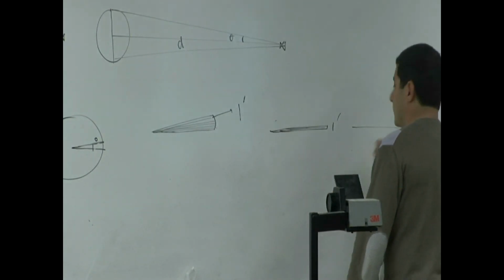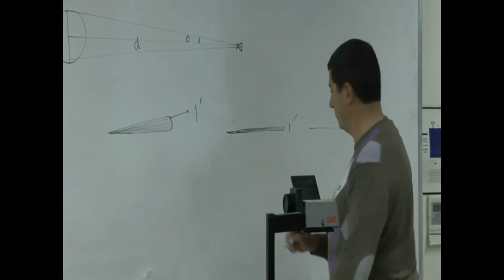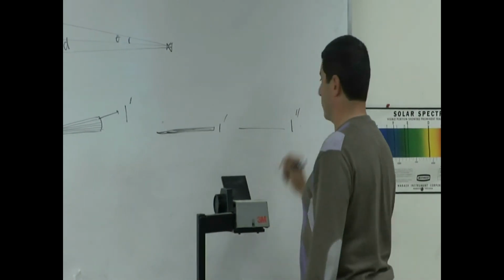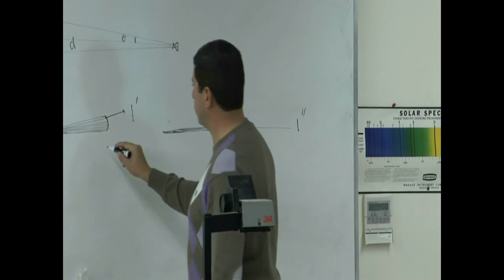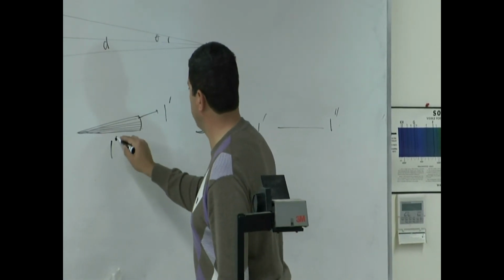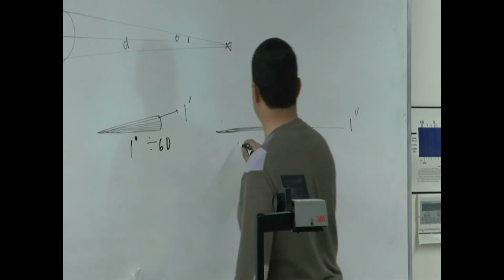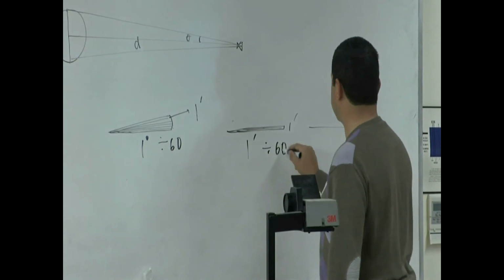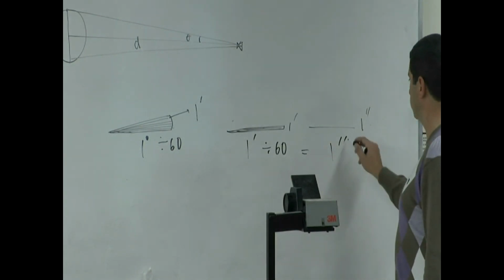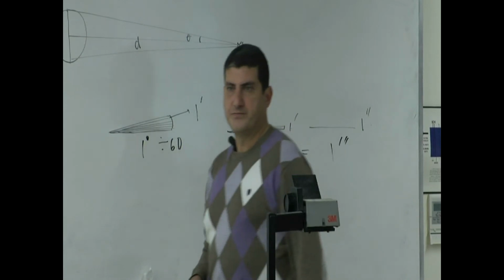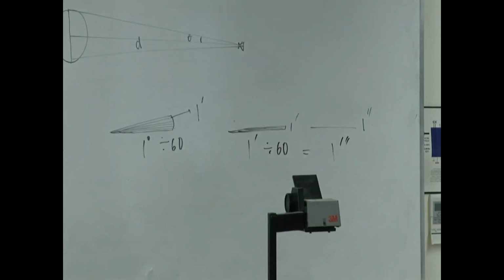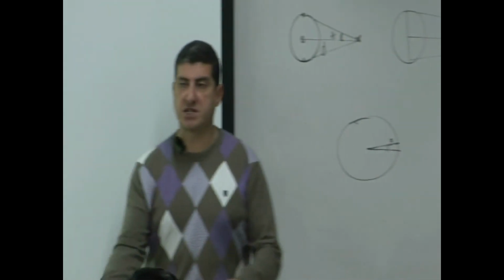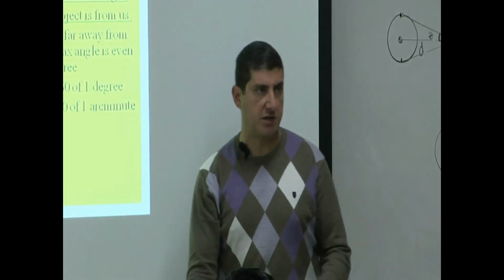Each of those is like a sliver, like just a line. That's 1 arc second. So you're taking 1 degree, dividing it by 60. You're taking 1 arc minute, dividing it by 60, and you get 1 arc second. Okay? So that's the definition of the arc second. An arc second is 1/60th of 1/60th of 1 degree.